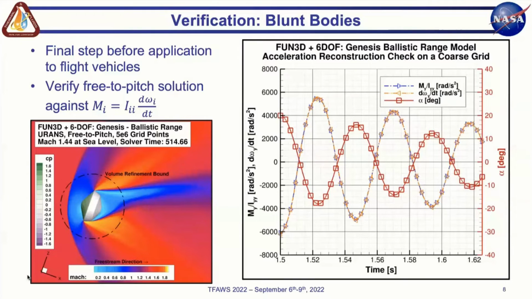This case is a free-to-pitch simulation, and the goal here is to extract the predicted pitch accelerations and make sure that both the forces and velocities on the body are in good agreement, as the last sanity check to make sure things come out correctly. If, let's say, improper scalings are being applied, these values wouldn't match, and so we wanted to make sure everything was working as expected. And so you can go to the next slide.